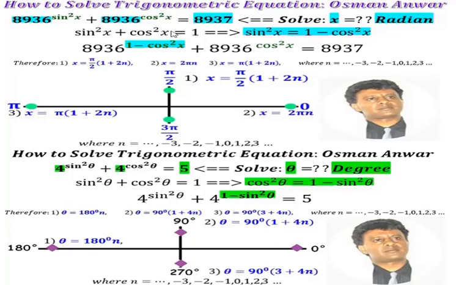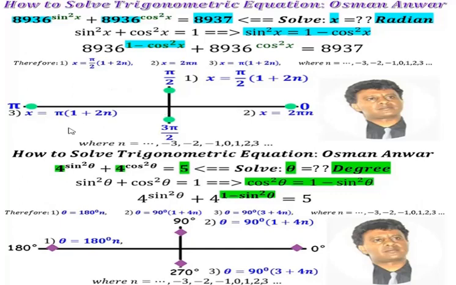In this video we used sine squared x equals 1 minus cosine squared x, and we used cosine squared x to solve the problem. In the previous we used cosine squared theta equals 1 minus sine squared theta, and we used sine squared theta to solve the problem.